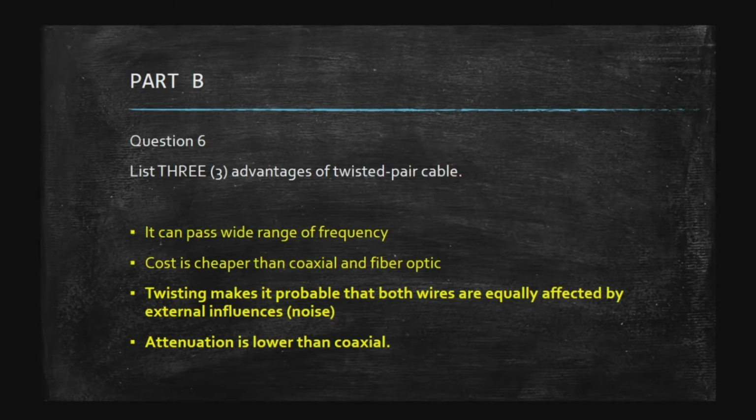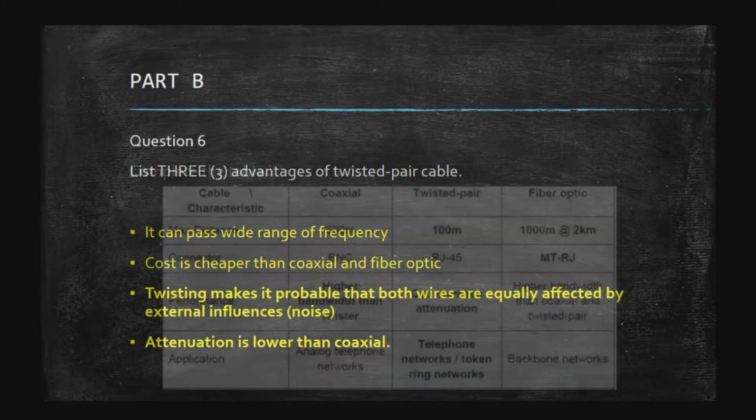Twisting makes it portable, and both wires are equally affected by external influence noise, because we twist the cable. And then attenuation is lower than the coaxial cable. So these are the advantages when we use the twisted pair cable.